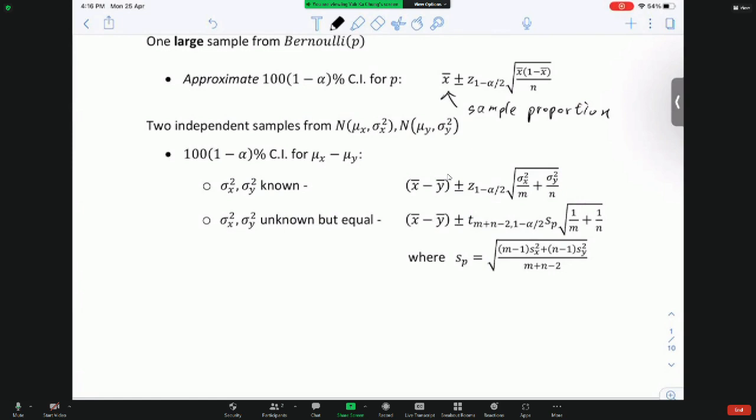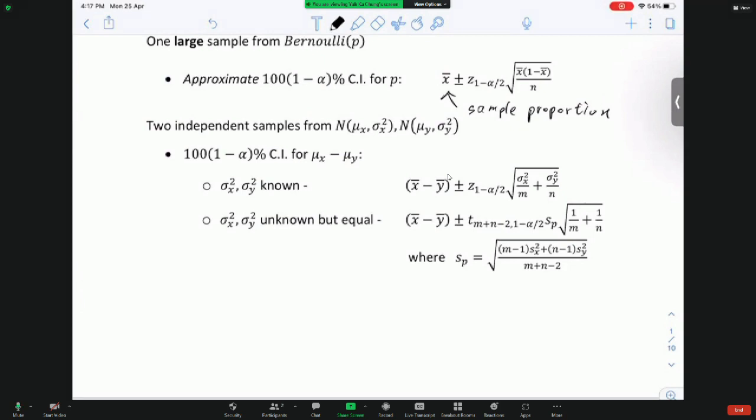We use the sample counterpart, sample mean of x minus sample mean of y, plus minus a number from the normal table, multiplied by the standard error of this estimate: the square root of the population variance of the x sample divided by m, where m is the sample size of the x sample, plus the population variance of the y population divided by the sample size of the y sample. This is how we compute the confidence interval for the difference if the variances are known.